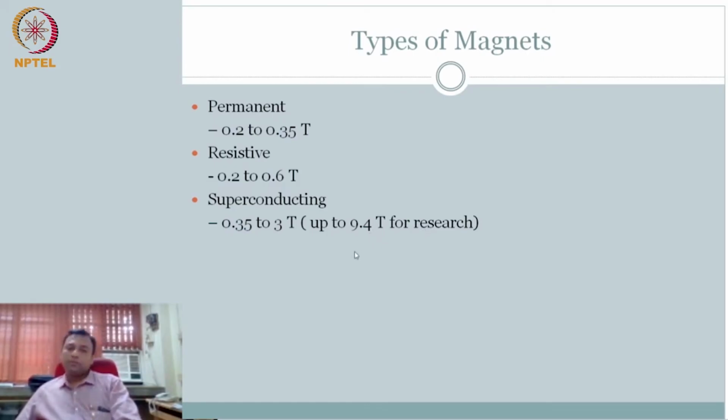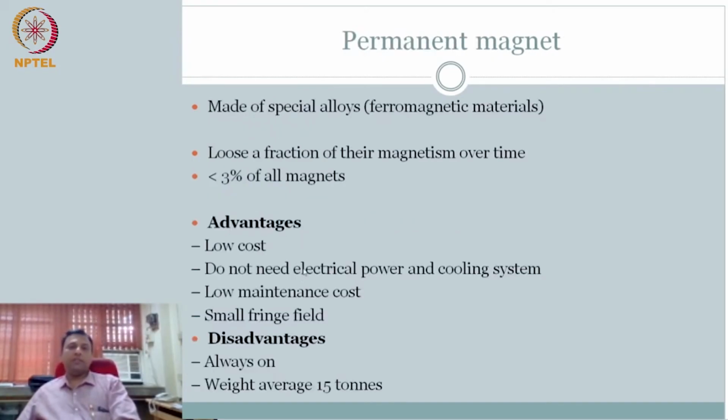So now maybe if you have a general experience, you would have seen MRI scanners advertised. They have 1.5 Tesla as very common. There are 3 Tesla. So none of the permanent or resistive is in that range. So you can already understand most of the existing MRI scanners use a superconducting magnet, and you get the Tesla or field strength in the range that is currently used.